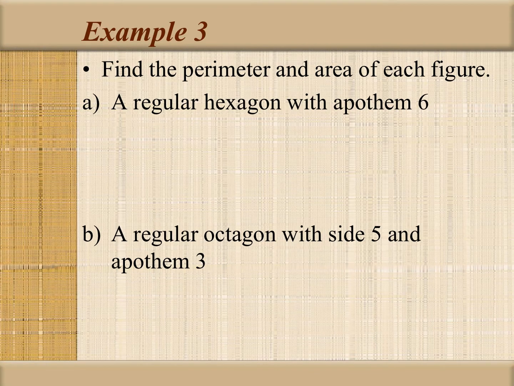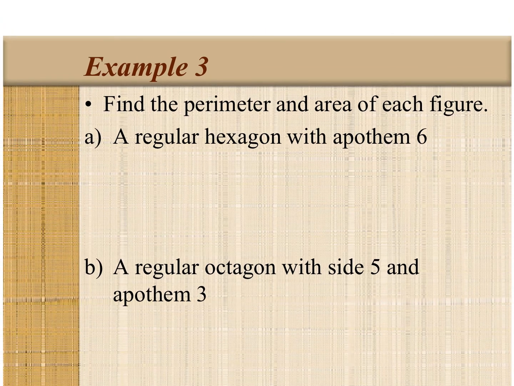So the first one is asking us to find both the perimeter and the area of this regular hexagon. All they've given us is the apothem. So remember, the two formulas we're going to be using are perimeter, number of sides times side length, and then the area formula, 1/2 apothem times perimeter.